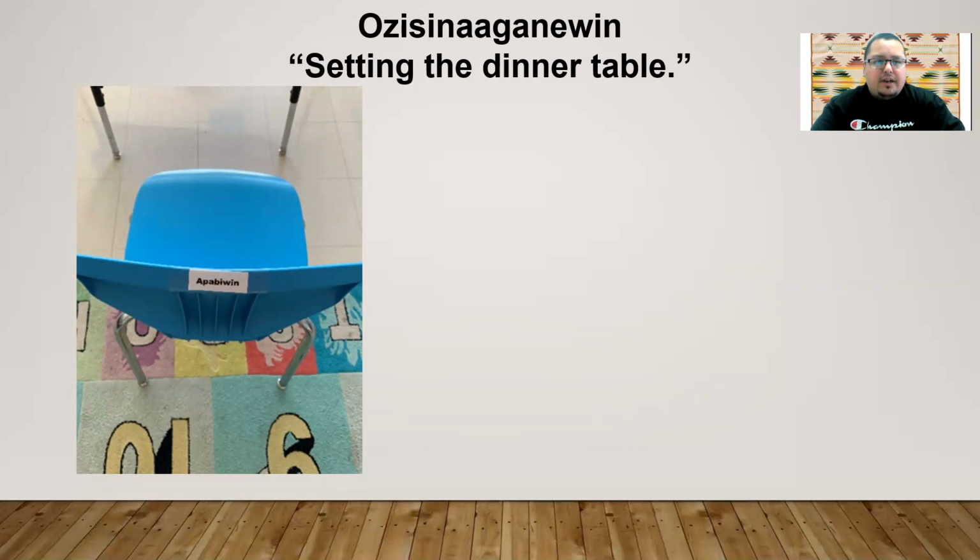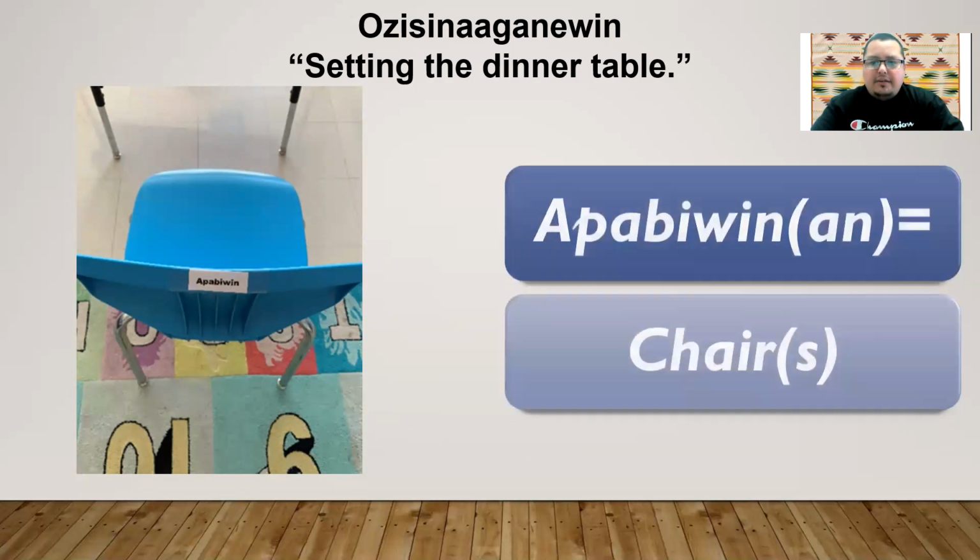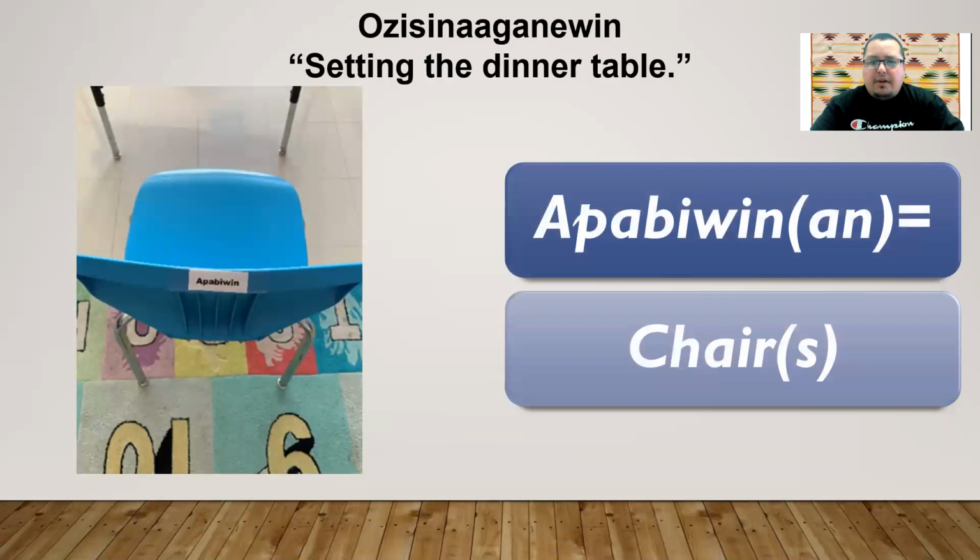Our first one, we all have these at our tables: Apabiwin. One chair, Apabiwin. Apabiwinon, chairs, more than one. Throughout this presentation, we're going to talk about one item, and then its plural, more than one.